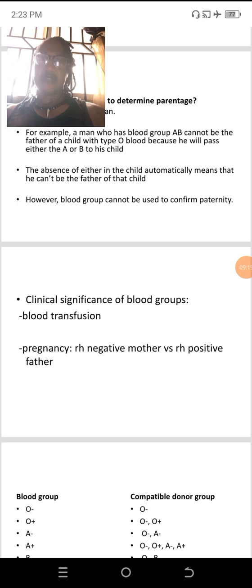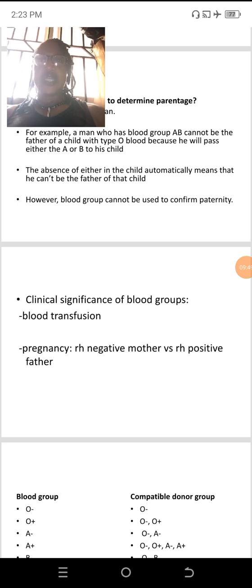However, it is very possible to detect it even before conception or during pregnancy also. And when it is detected, there are things that can be done to prevent the mother from developing antibodies that will target the blood of the baby inside the womb.